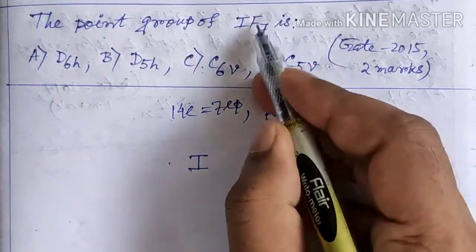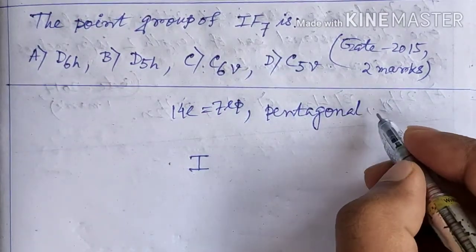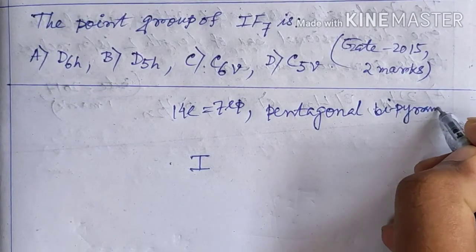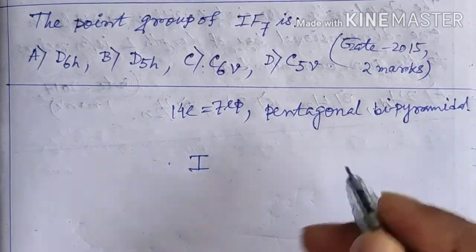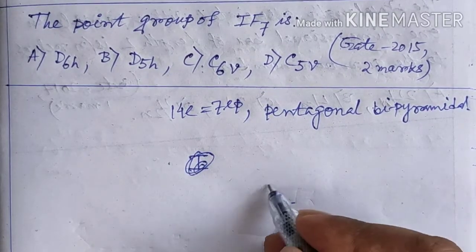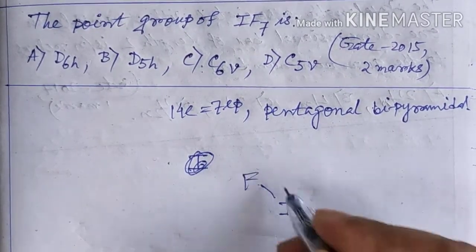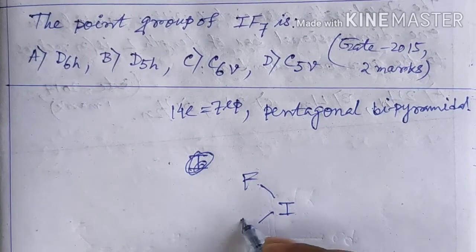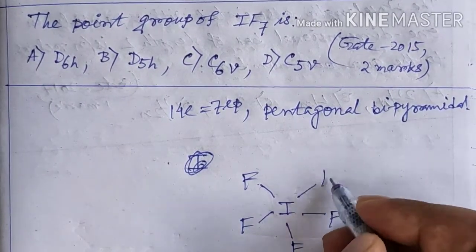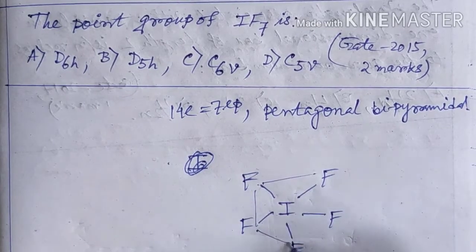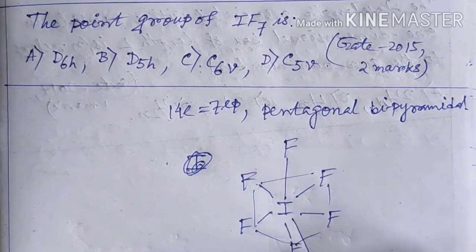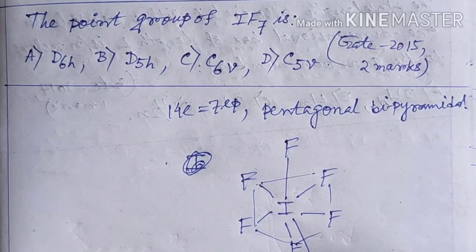Since there are 7 fluorine atoms, the geometry will be pentagonal bipyramidal. And if we draw the geometry, there will be 5 fluorine atoms in the planar pentagonal plane, and there will be 2 fluorine atoms, one above the plane and one below the plane.